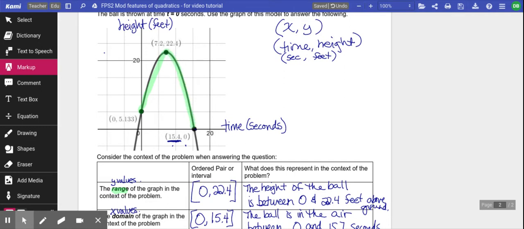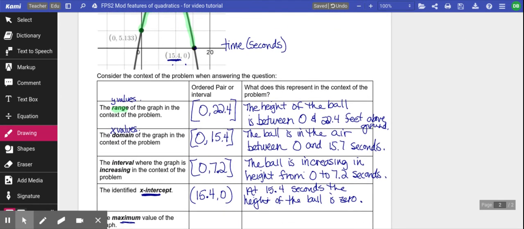So that occurs at this turning point right here. And we would call this turning point a maximum. Another word for this turning point would be the vertex. So our vertex is a maximum.